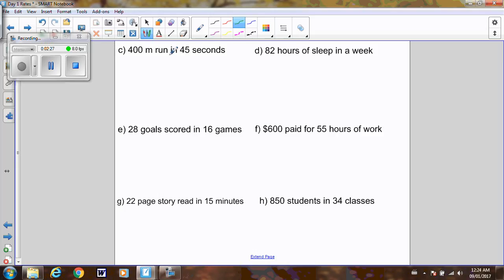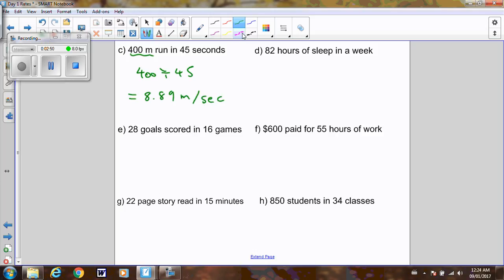400 meters run in 45 seconds. So we take the number 400 and divide it by 45. We punch that into a calculator, and it turns out to be 8.89. But it's 8.89 what? Well, it's 8.89 meters per second.